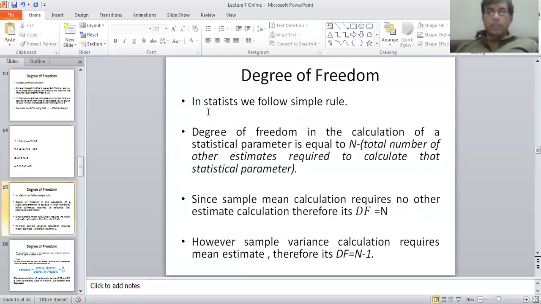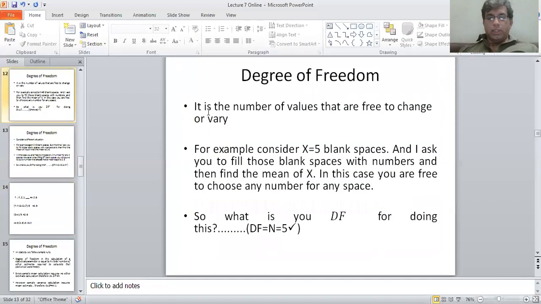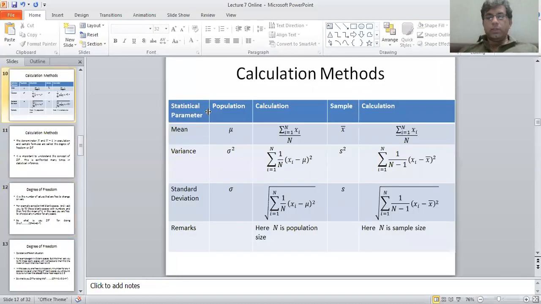While calculating statistical parameters, we have a very simple rule of finding the degrees of freedom. Whatever statistical parameter we find on the sample, whether it is mean, variance, or standard deviation, the purpose of that parameter is to find the corresponding parameter in the population. Like x bar is used to find mu, s square is used to find sigma square, s is used to find sigma.